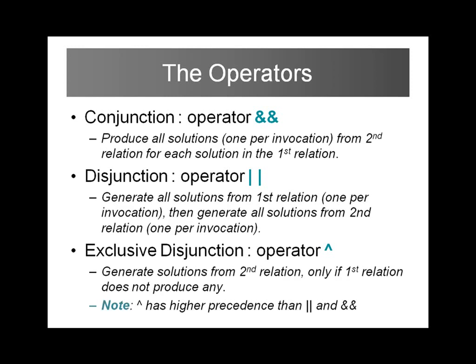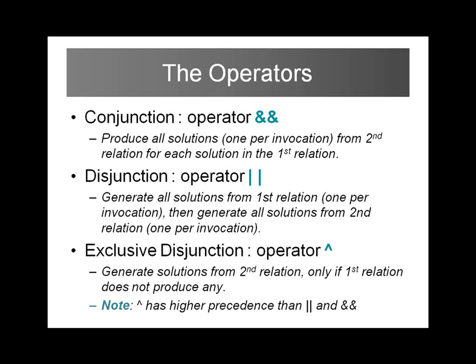The AND operator basically succeeds whenever both its arguments succeed. The way it goes about evaluating both its arguments is, the first time we evaluate the AND operator, it evaluates the first argument. Now if the first argument succeeds, then it goes on to evaluating the second argument. Whereas if the first argument does not succeed, then the AND operator has no more solutions to produce, and therefore it returns false immediately.